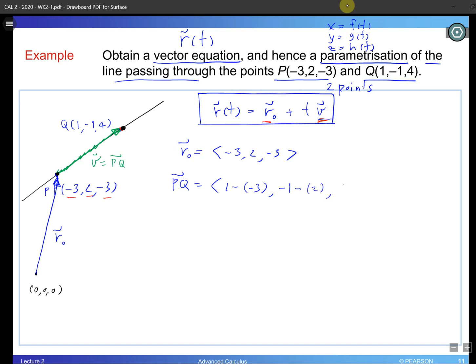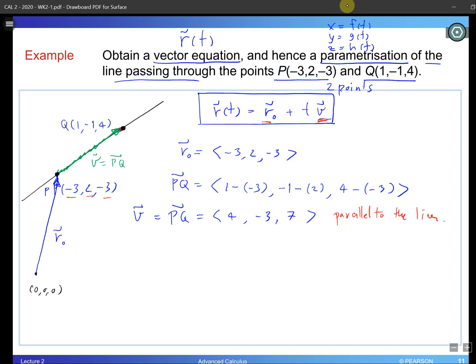And last component, 4 minus -3. So I have this vector PQ equal to (4, -3, 7). Alright, and this is PQ, and also equal to vector v that is parallel to the straight line.